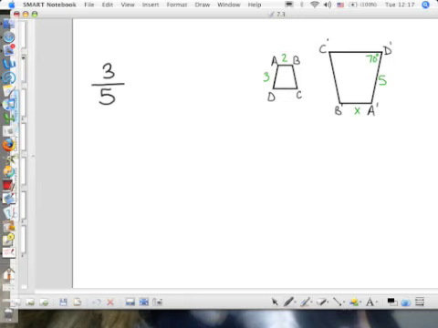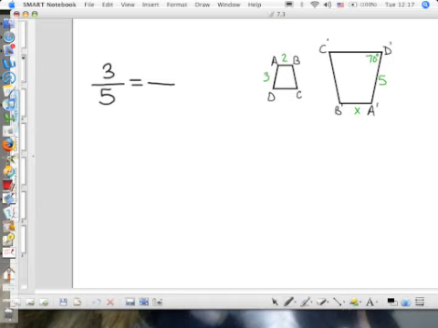This scale factor will be used to set up the proportions to find any other missing pieces. If we are looking for X, the measure of A prime B prime, we're going to set it up in a ratio in this proportion. Is X from the large or the small shape?